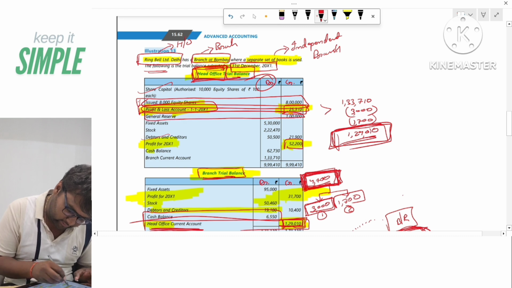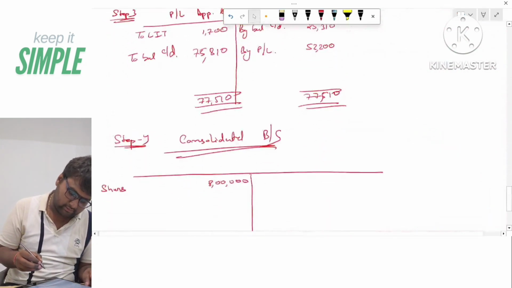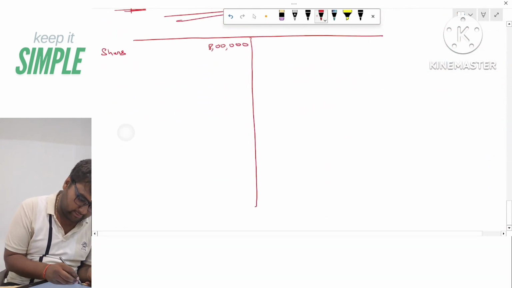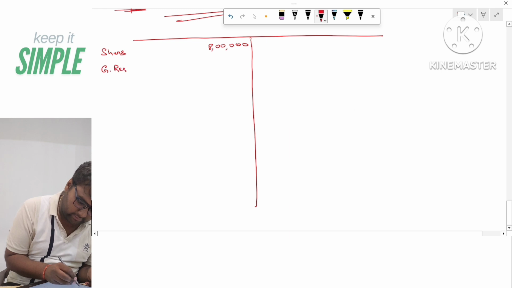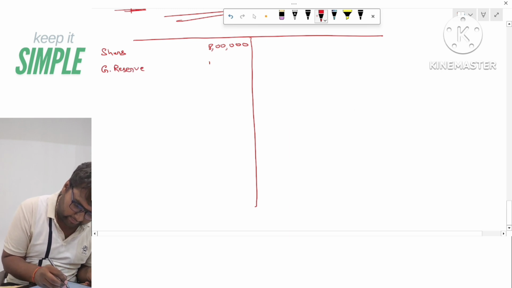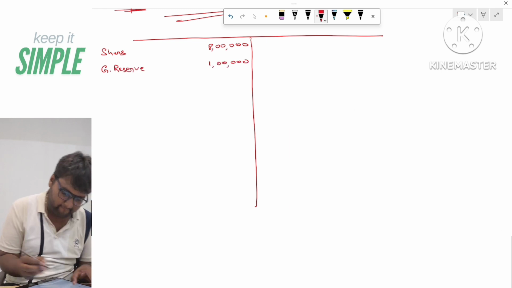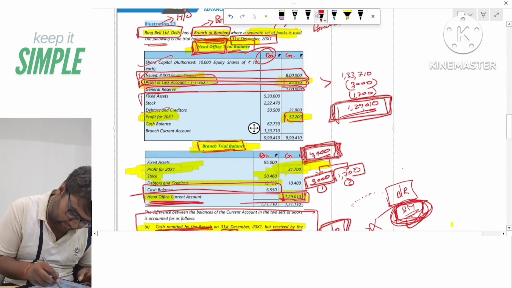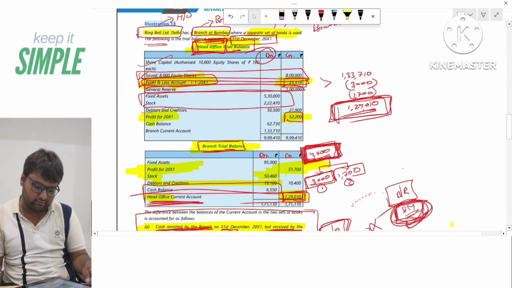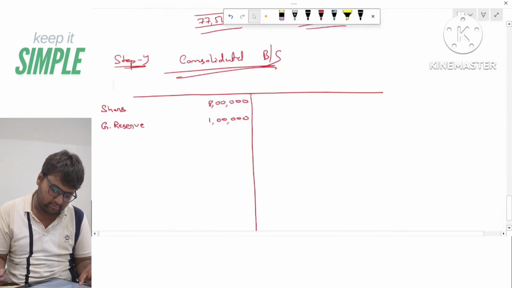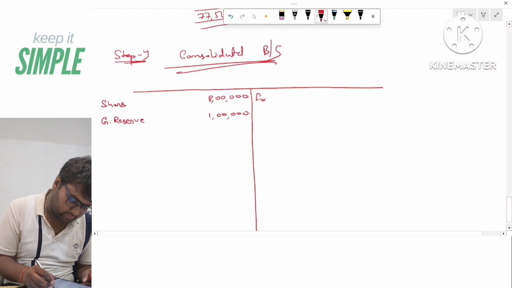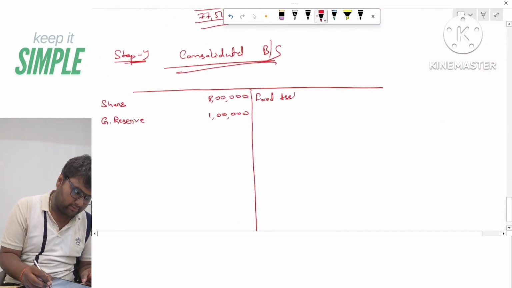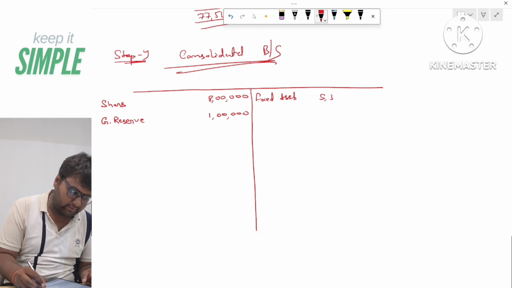General reserve 1 lakh. Then next thing will be fixed assets 5 lakh 30,000 and stock 2 lakh 22,470.